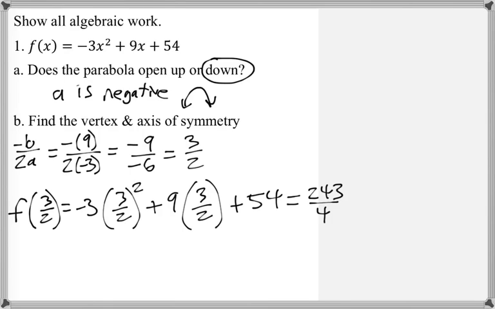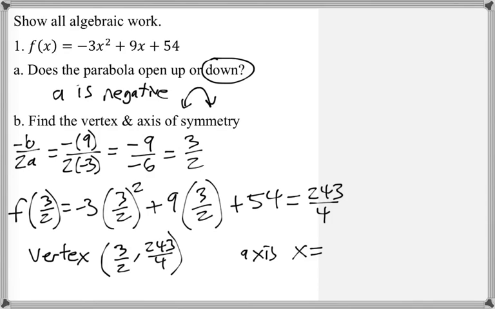So my answer would be the vertex, this is the x-coordinate, this is the y-coordinate, this would be my vertex, and my axis of symmetry would be x is equal to 3/2, or just the x-coordinate of the vertex.